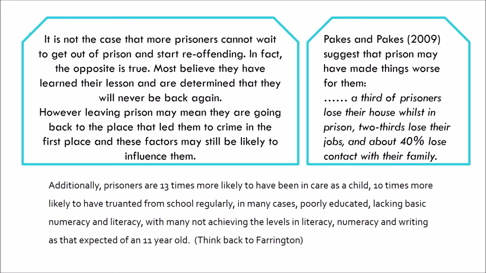And additionally, it's important to think about the profile of criminals. And this isn't necessarily all criminals, but a general criminal profile. Prisoners are 13 times more likely to have been in care as a child, 10 times more likely to have truanted from school, be poorly educated, lack basic numeracy and literacy skills, not achieving as good grades in literacy, numeracy and writing as expected of an 11-year-old.